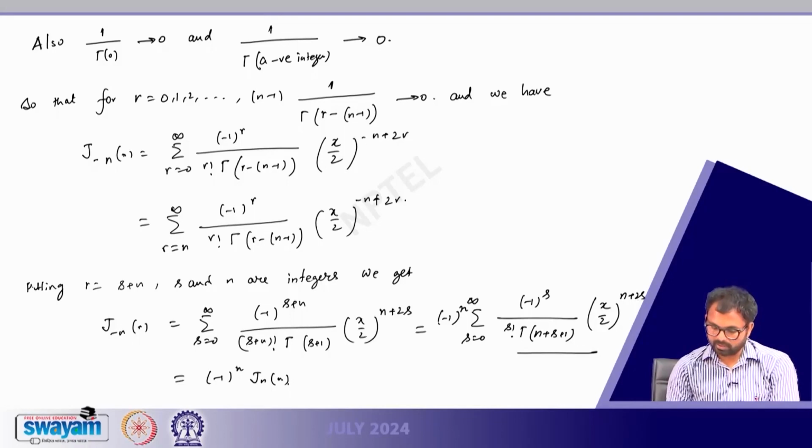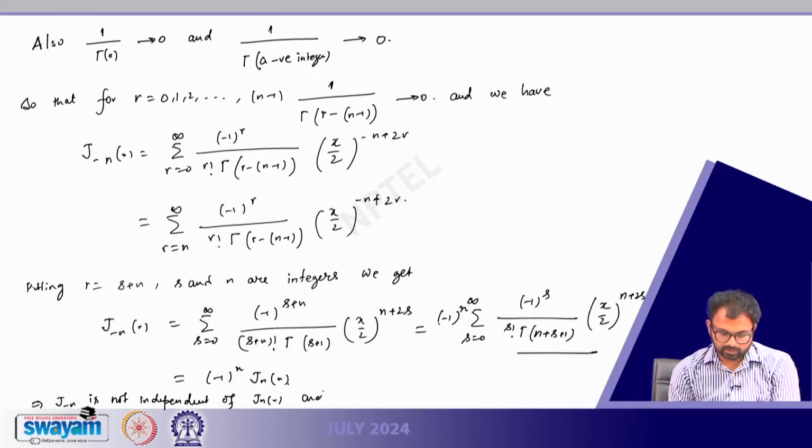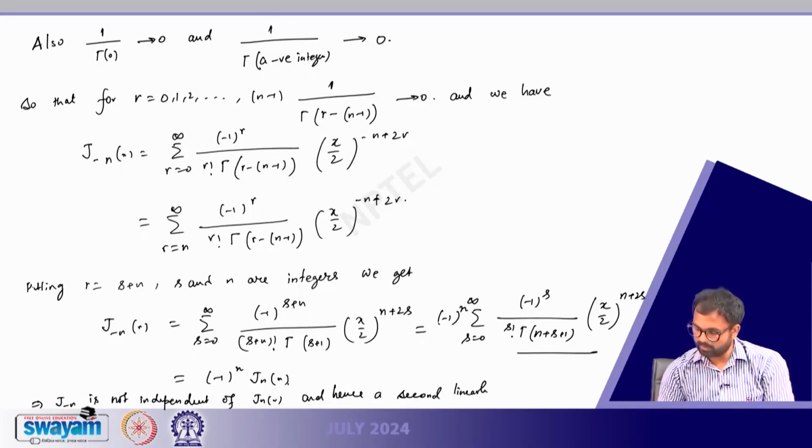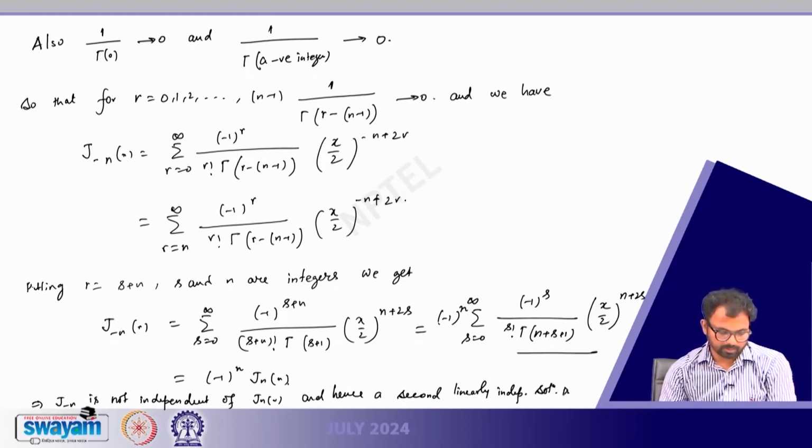So this shows that J minus n is not independent of Jn of x, and hence a second linearly independent solution is required, right.